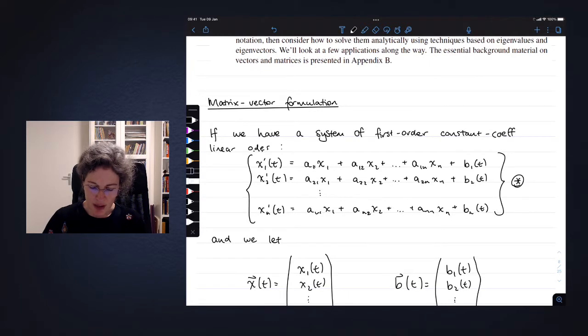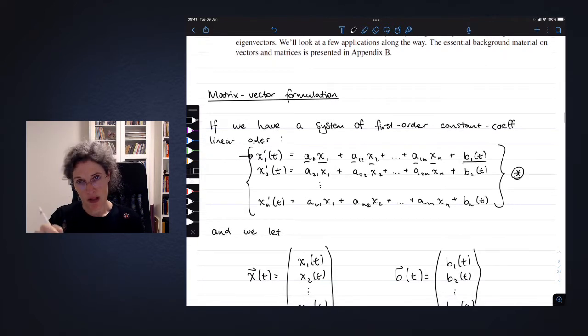So I've just written out a system of first order constant linear ODEs here. So here's the equation that governs x1. So dx1 by dt, and you'll notice I've got my constant coefficients. It's definitely linear, and I'm keeping it non-homogeneous, although later on we're just going to deal with the homogeneous case first.